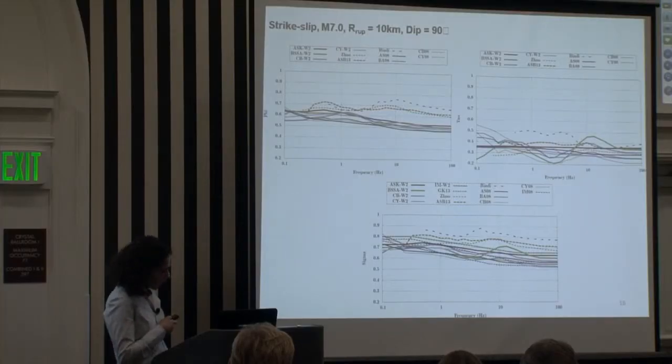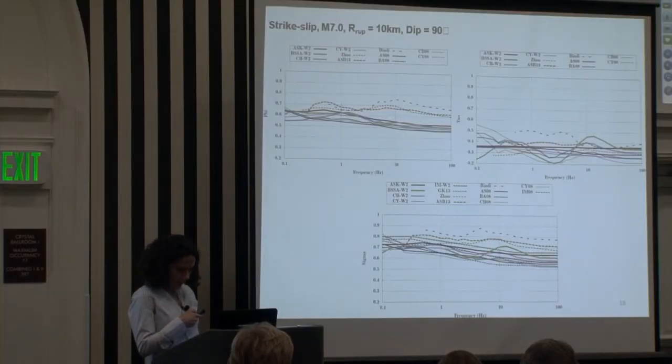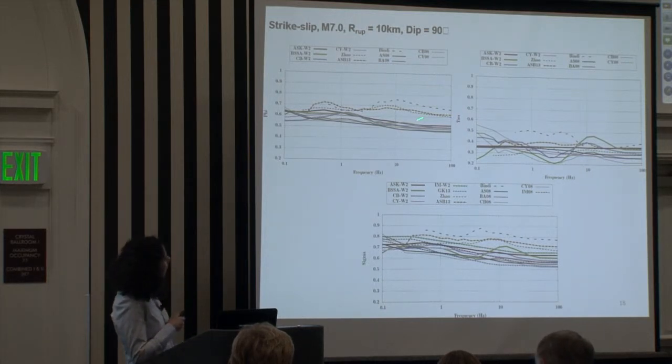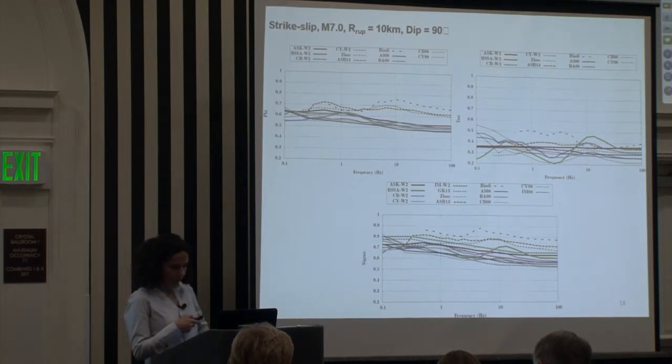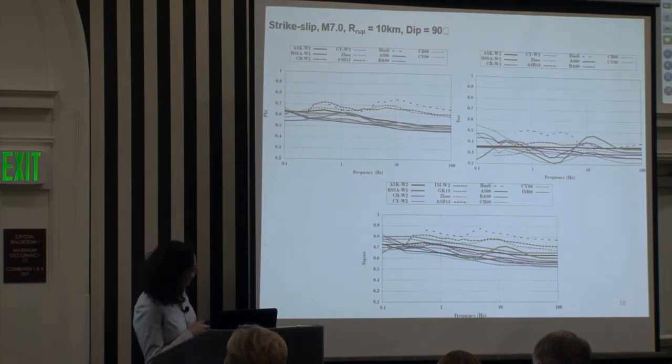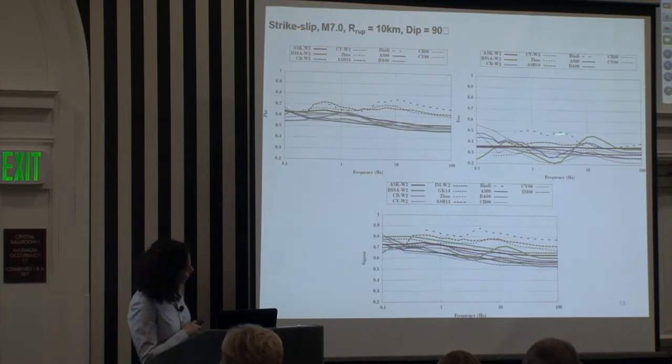Some of the features, and again, this has been repeated over the last couple of days, is Bindi, Akkar et al. and Zhao have relatively high phi compared to the rest of the models. For tau, we have Bindi again showing relatively high tau values. And this is here the total standard deviation, combining the two.